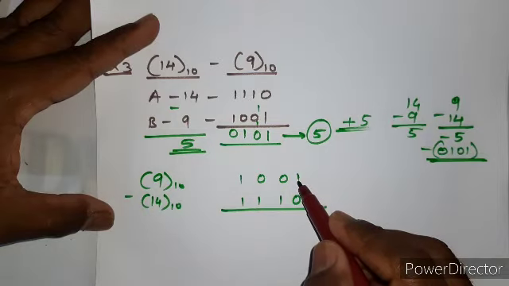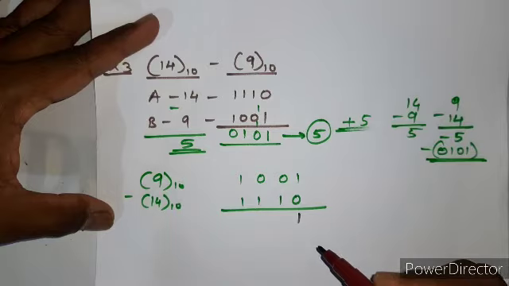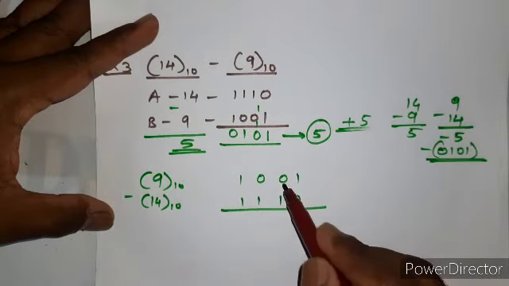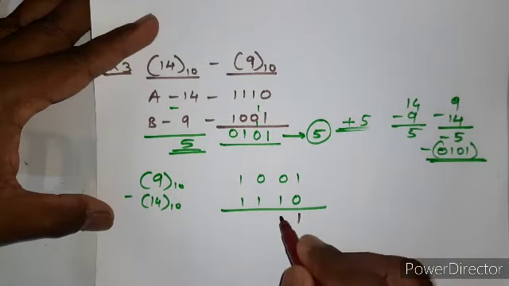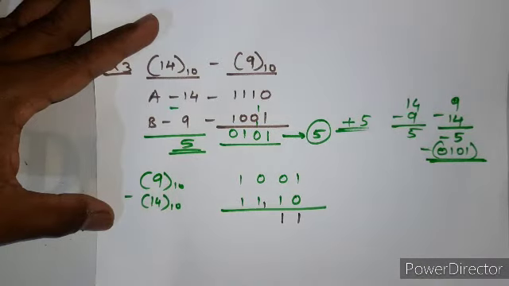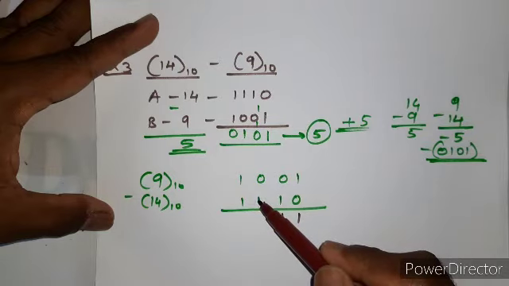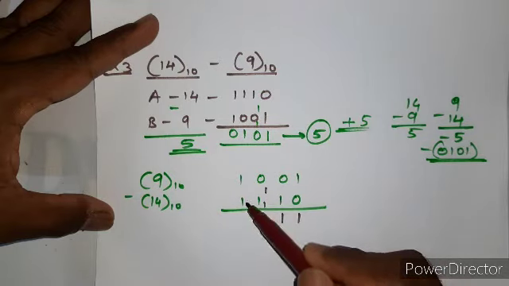So 1 minus 0 is 1. There is no borrow. 0 minus 1, difference is 1, borrow is 1. Now 0 minus 1, difference is 1, borrow is 1.